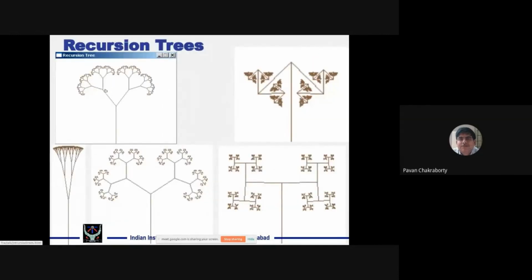And here is the tree fractal. You see that if I change the angle, this is at an angle of 45 degrees. This is obviously an angle more than 120. And this is 90 degrees. This is for other angles. So you get different fractal structures in this problem.